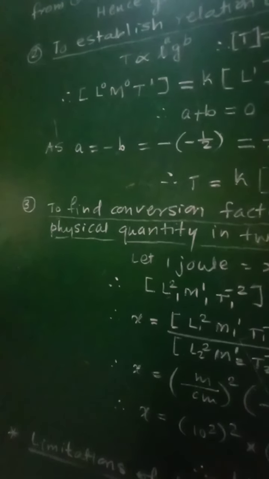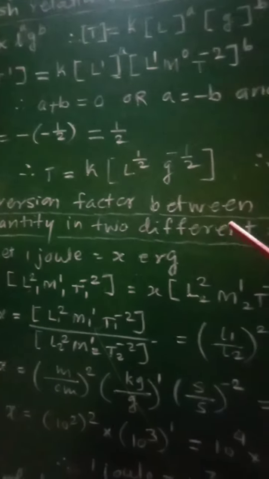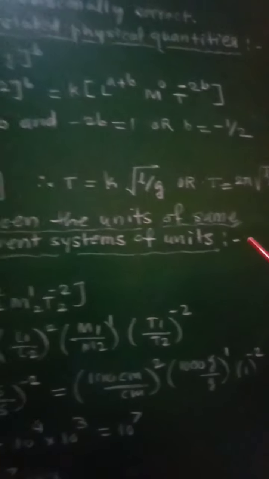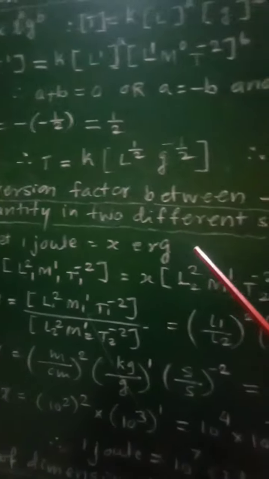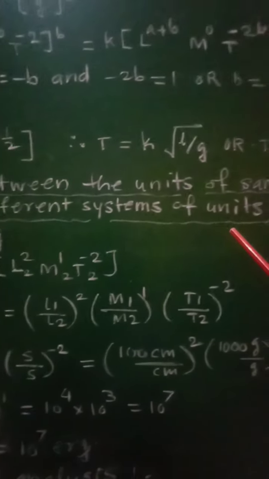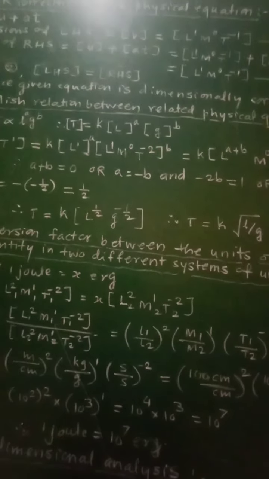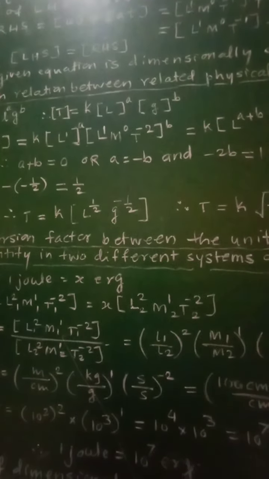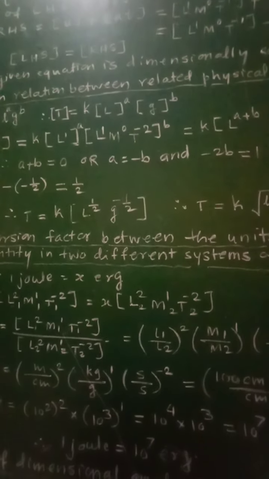Then we go for the third application, the third use, that is to find the conversion factor between the units of the same physical quantity in two different systems of units. If we are given any physical quantity, then it will have its units in SI as well as CGS, that is, MKS unit as well as CGS unit.